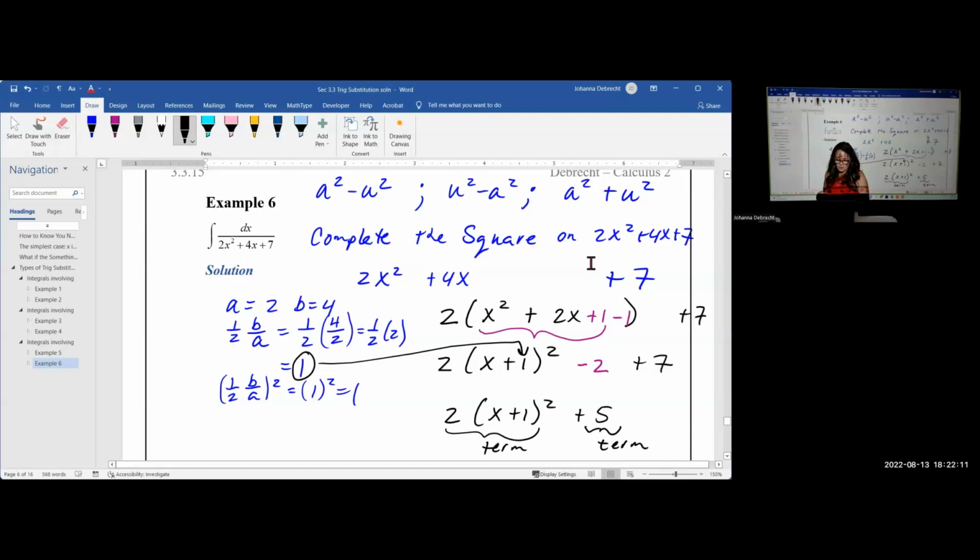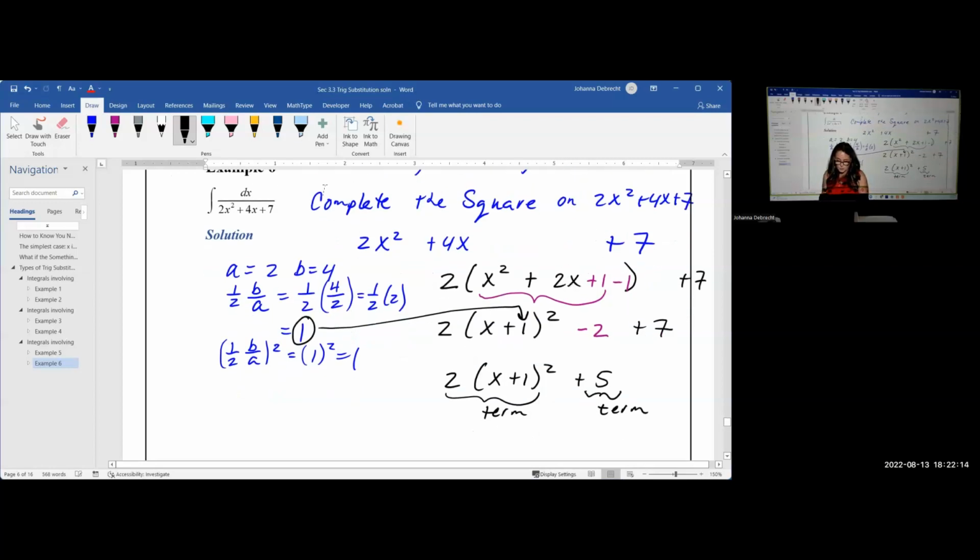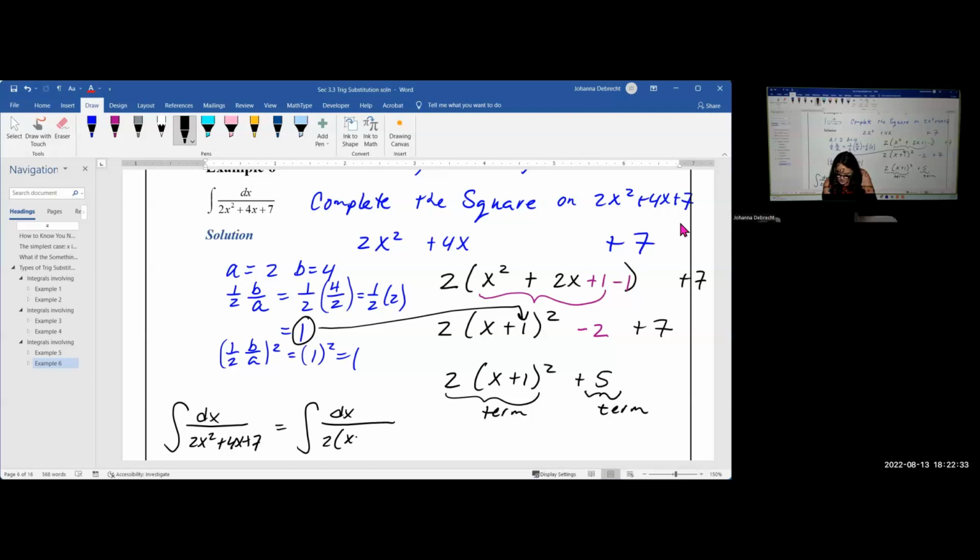So I'm going to take my original integral, which is right here, and I'm going to rewrite it in terms of this completed square expression. So I have the differential over 2x squared plus 4x plus 7 must be equivalent to the differential divided by 2 times x plus 1 quantity squared plus 5.